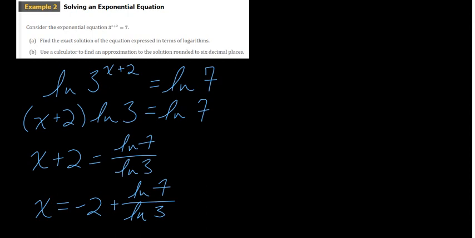And that will give me my solution, which will be negative 2 plus the natural log of 7 divided by the natural log of 3.